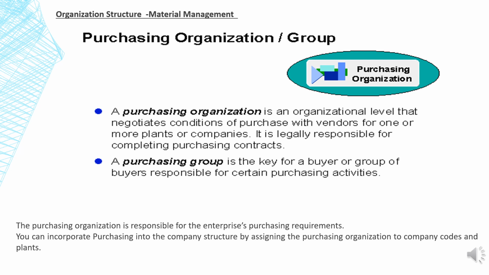That purchasing department negotiates the deal with the vendor, which is exactly what is done in the purchasing organization. A purchasing group is a small group that falls under the purchasing organization. The key of the buyer group is responsible for performing certain purchasing activities.